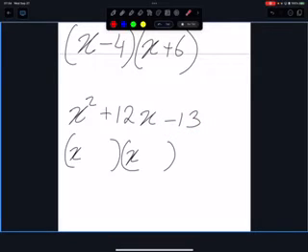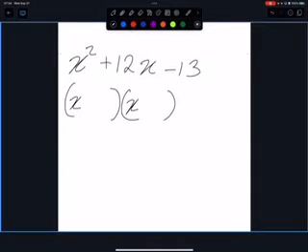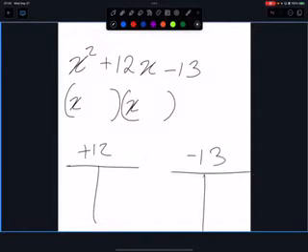Those same numbers added with each other give positive 12. Positive 12, negative 13.